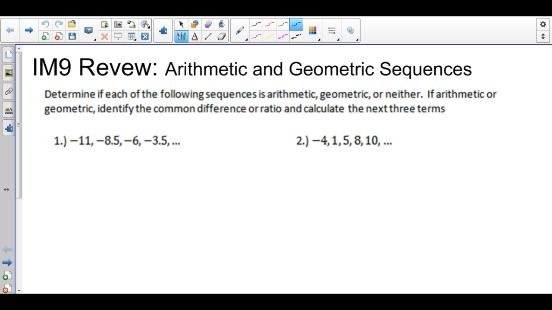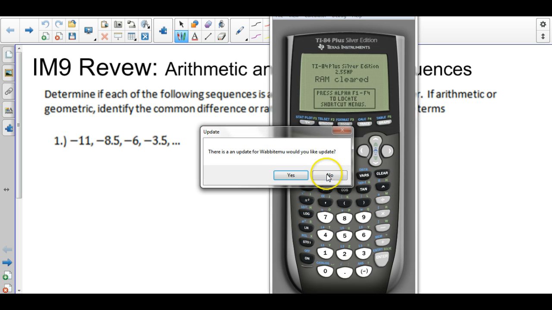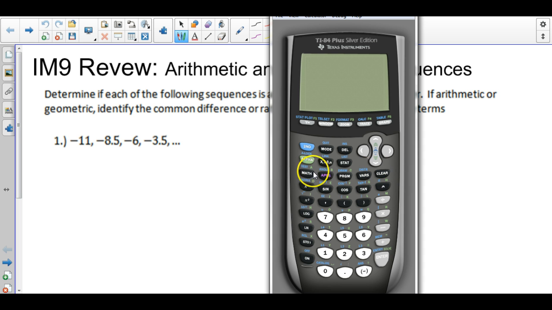So for this first one, we can see I'm starting off with some negative numbers, and they're increasing a little bit. So I'm going to check first if it is arithmetic, which means I'm going to be taking the second number minus the first number. So I'm going to take negative 8.5 minus negative 11, and I get 2.5, and then I'm going to take my third minus my second.